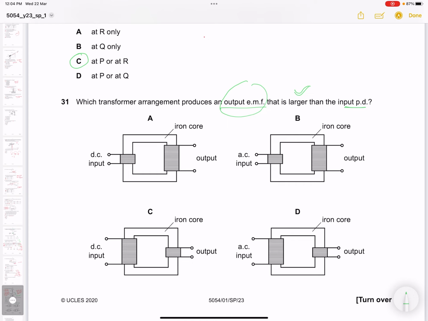And we know a step up transformer has more turns in the secondary coil than the primary coil, right? So option A and B both have more turns in the secondary coil, but there is a problem with option A, that it is showing DC input. We know that a transformer works on AC input supply, so option B should be the correct one.